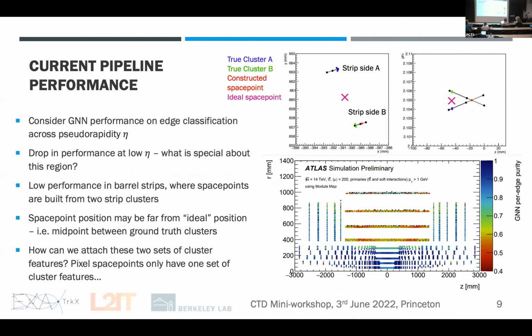On the other hand, a pixel cluster is mapped directly to a pixel space point. So the underlying construction of these is different. They have different input information that you could leverage, even if the feature sets of the clusters were exactly the same. I mean, they're not, they have different meanings, right? But even if they were the same, one space point in the strip equals two clusters. Oh, I see. It's conceptually different, right?